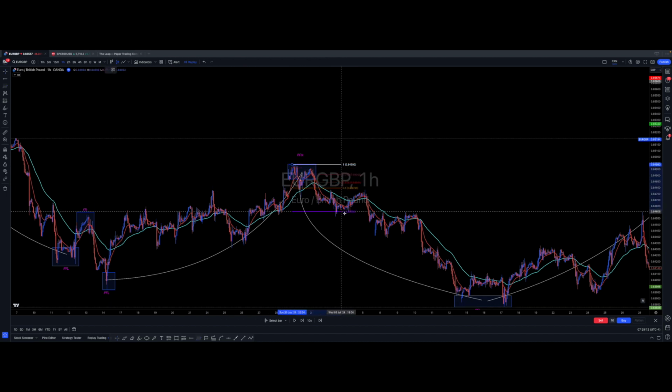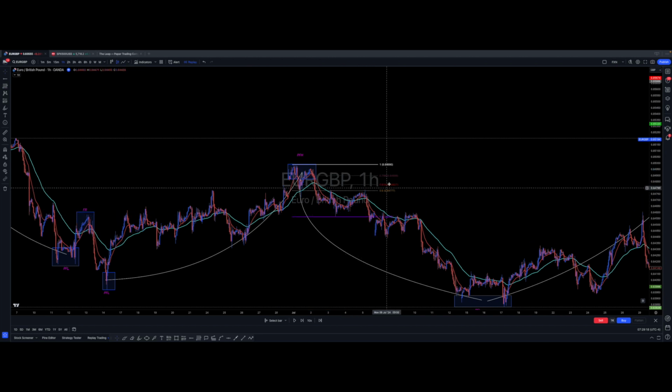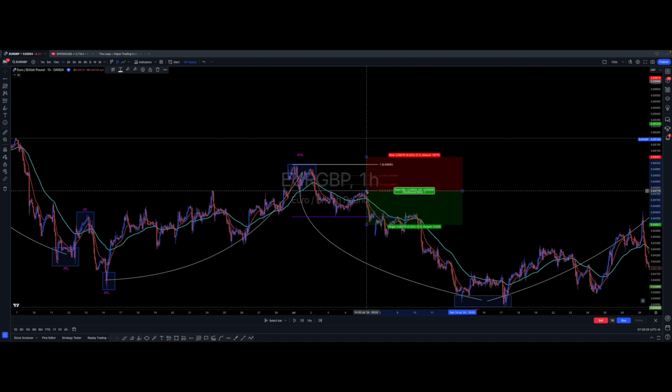So again, put your fib to that retracement, and you can see it went to the 50, not to the 618. So if you were an aggressive trader, then you would have been triggered into the trade. If you were a more conservative trader, then you would not have been triggered into the trade. But again, it just depends on what type of trader you are.